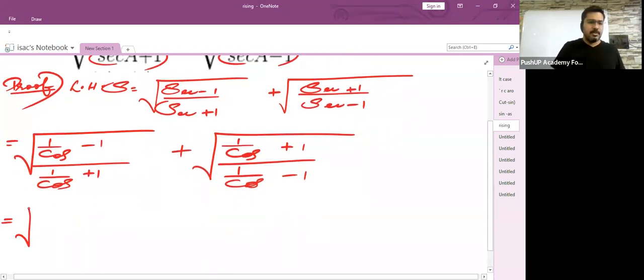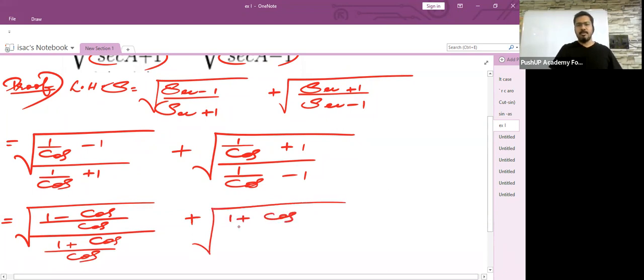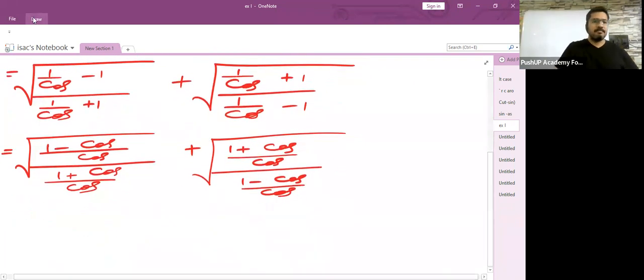This will be equal to square root of 1 minus cos divided by cos, whole divided by 1 plus cos divided by cos. Put the plus sign. Now square root of 1 plus cos divided by cos, whole divided by 1 minus cos divided by cos. Do all the elimination work. Cos and cos cancel, cos and cos cancel.